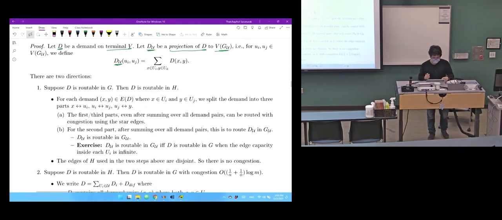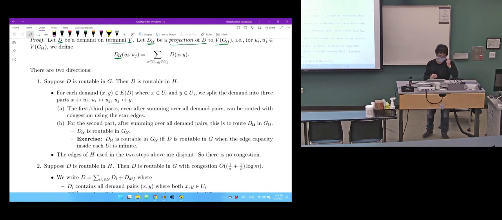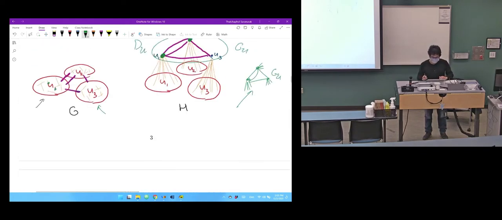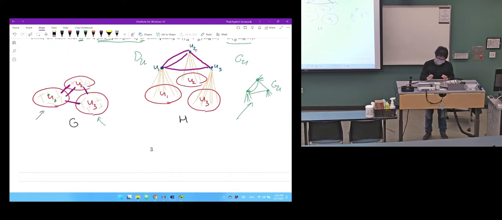Okay, so now let's do one direction. Given a routable demand in G, we want to route it in H with no congestion. The way we create the graph makes this quite straightforward.